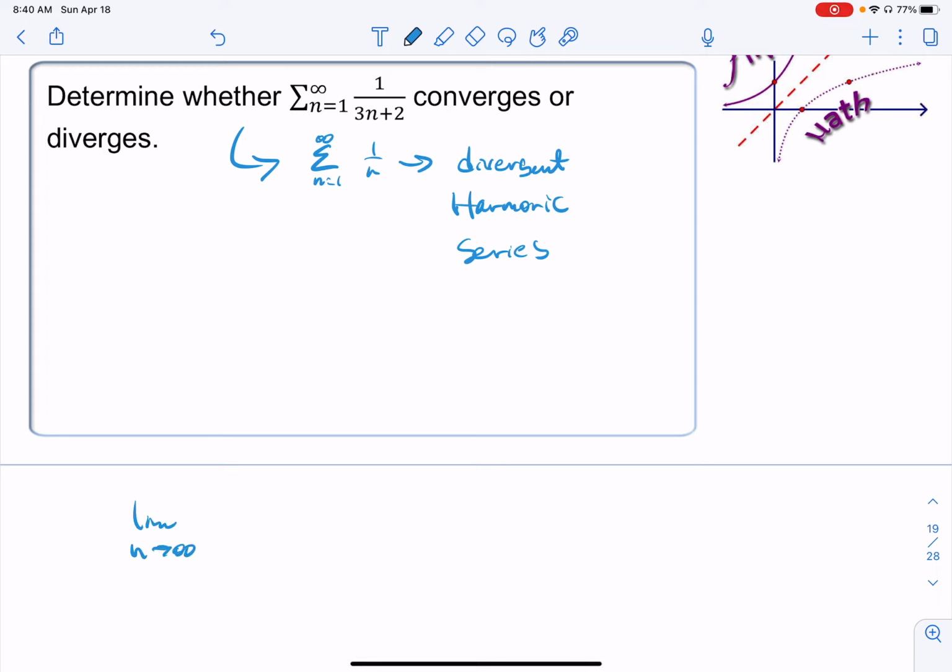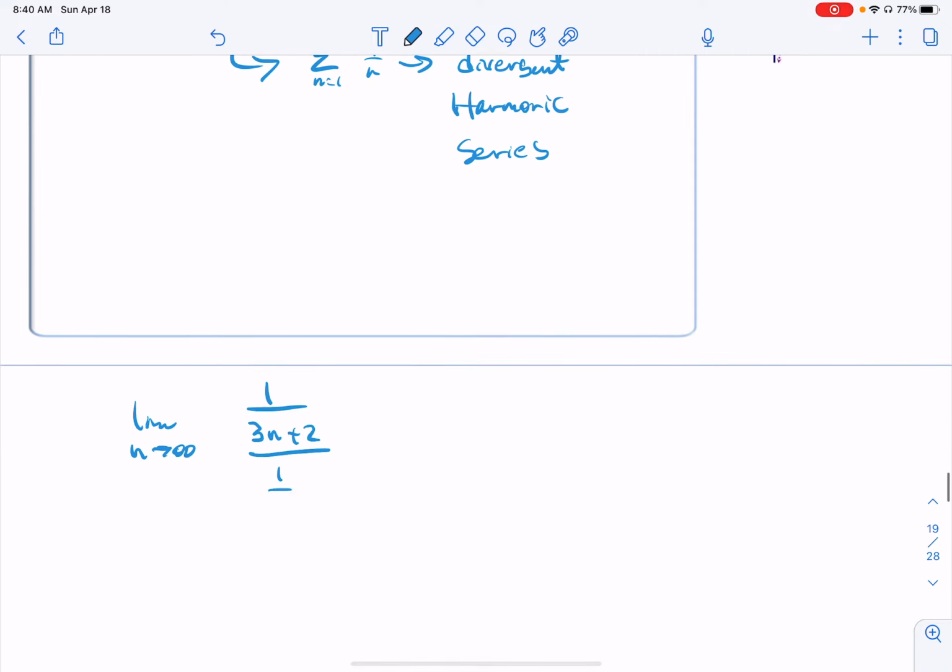I want mine on top: 1 over 3n plus 2 divided by 1 over n, and we have ourselves a complex fraction. What grade do you learn to divide by fractions? I don't know, but division by fractions is really multiplying by the reciprocal.